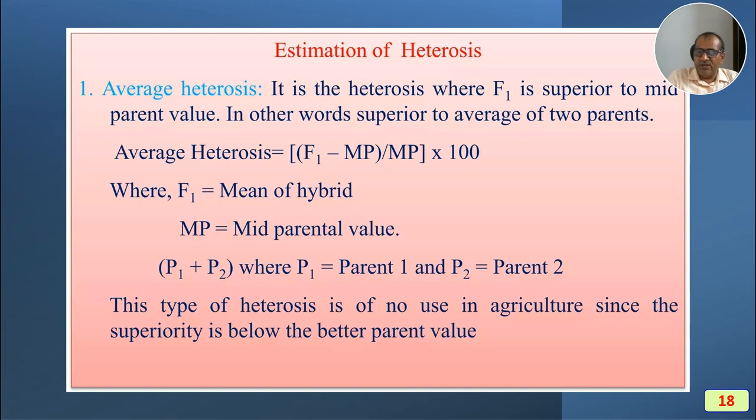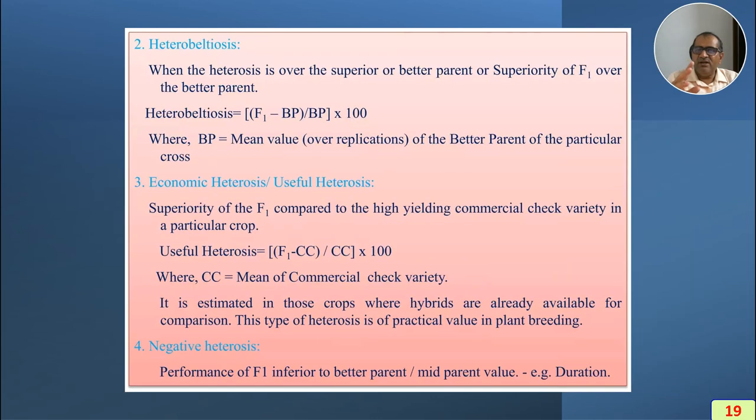Here F1 means the hybrid, MP is the mid parental value, (P1 + P2)/2, where P1 is parent 1 and P2 is parent 2. This type of heterosis is of no use in agriculture since the superiority is below the better parent value, and it is just a calculation.